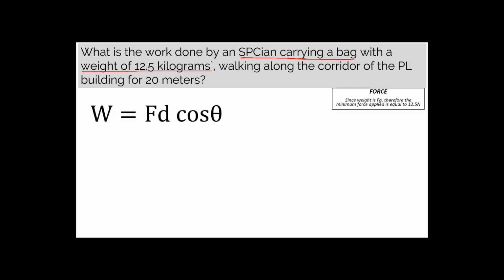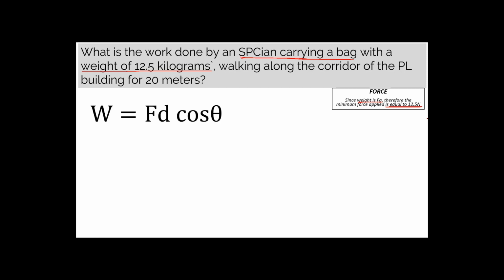So since force due to gravity is equal to the weight of the object, then the minimum force required or applied to the object, which requires you to carry a bag, is equal to the force due to gravity, and that is equal to 12.5 Newton. Sa 12.5 Newton lang ba ang aming gagamitin?